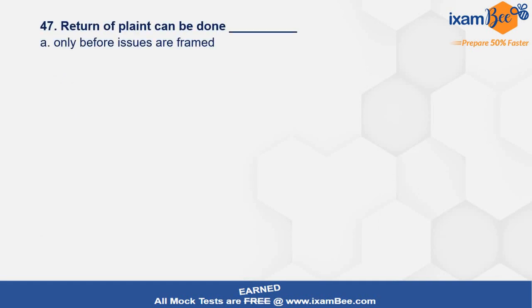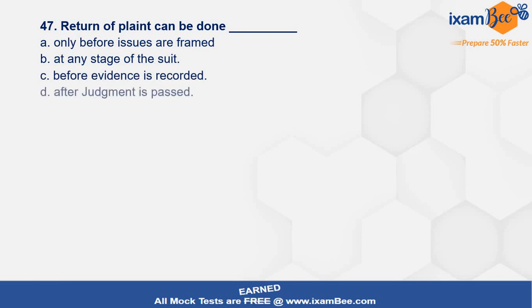Return of plaint can be done only before the issues are framed, at any stage of the suit, before the evidence is recorded, after judgment is passed, or till the preliminary issue is framed and decided. So return of plaint can be done when? At what stage? The answer is B. At any stage of the suit you can return a plaint, because at the time you understand that the jurisdiction is not proper, though preferably it should be decided as a preliminary issue only.